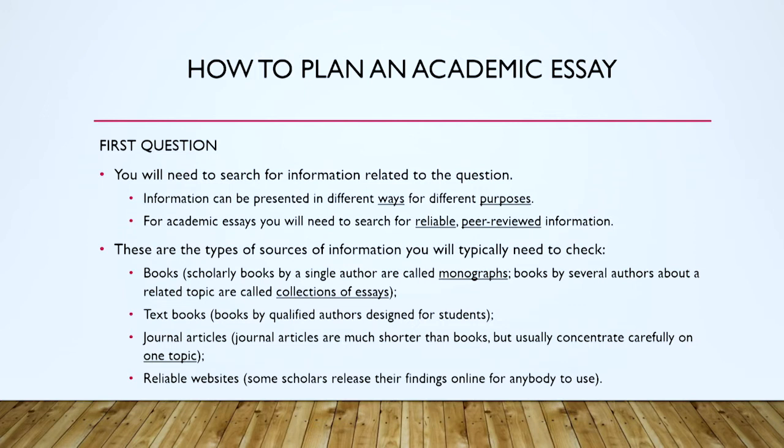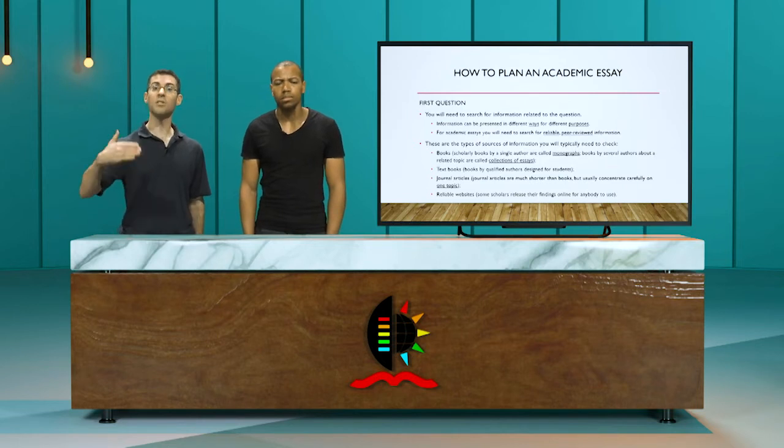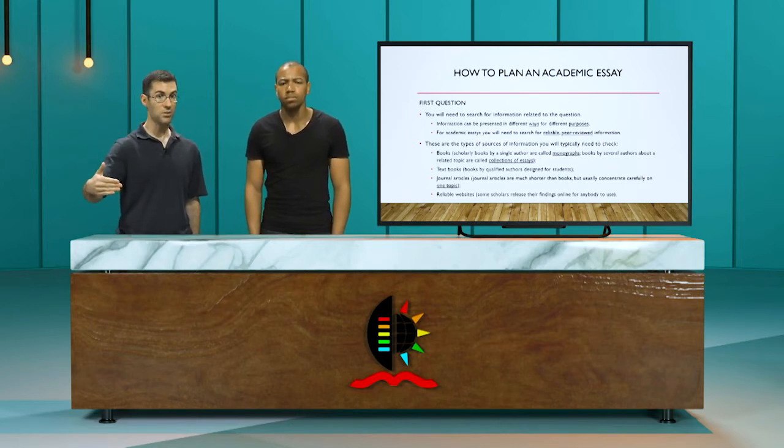So it's not a good idea if you're doing an academic essay to use a website that is not a reliable website. You can use online information, but it's best to go on to something like the UKZN library webpage and to find sources from that webpage. Then you'll know that they are going to be reliable. But just putting something into Google is not a good way to find information.